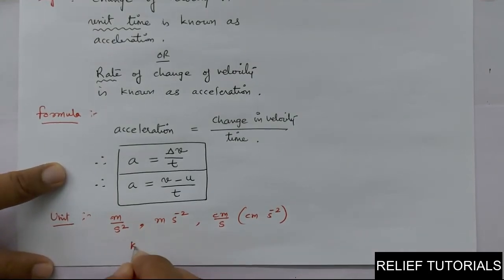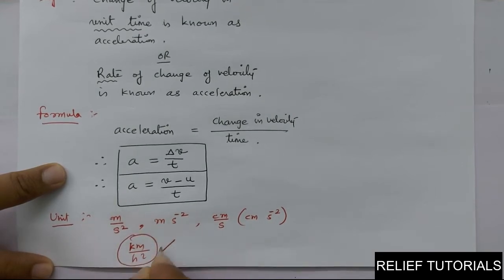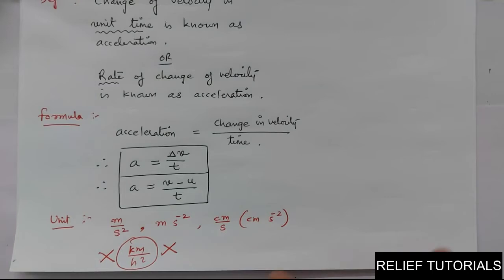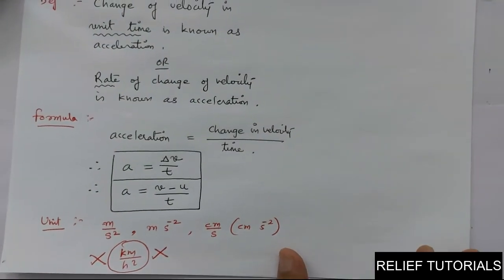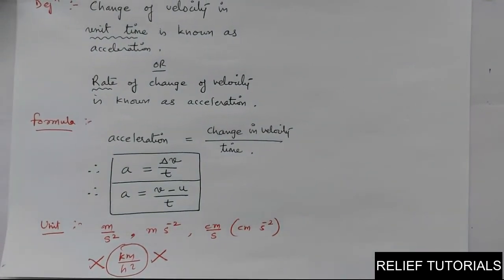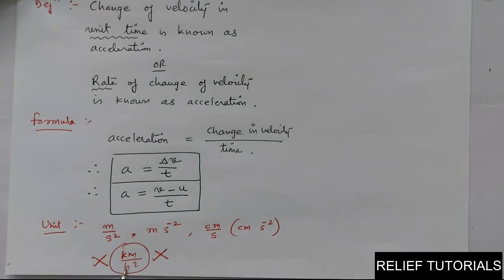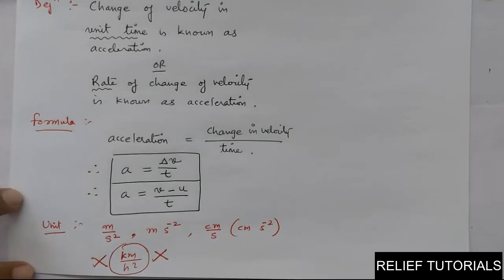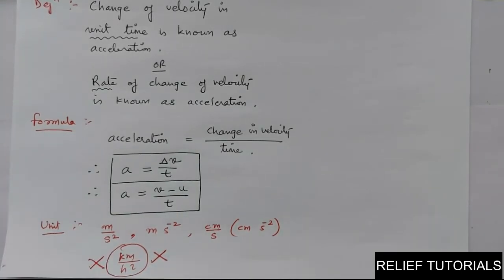So remember, kilometer per hour square is not a valid unit for acceleration. Never use this type of unit. If velocity is given in kilometer per hour, you first have to convert it into meter per second. Then only you can go further. So the unit of acceleration is meter per second square, like this only.